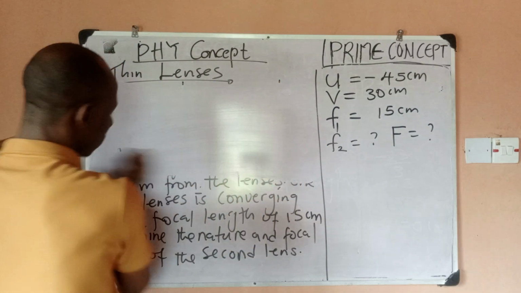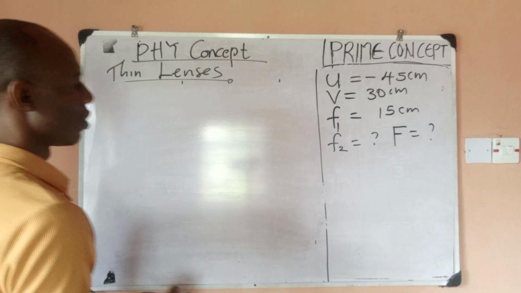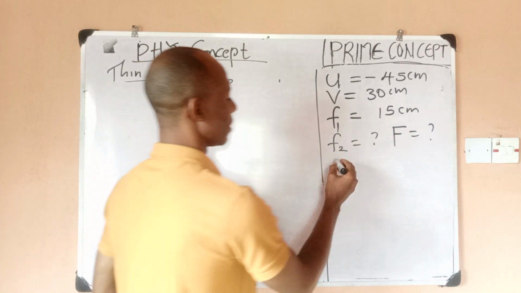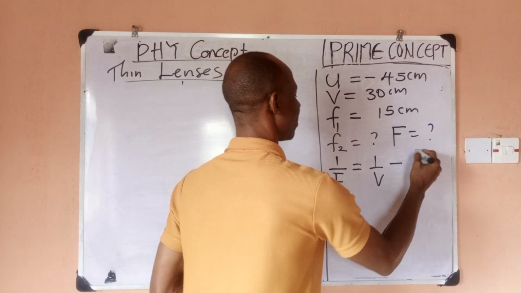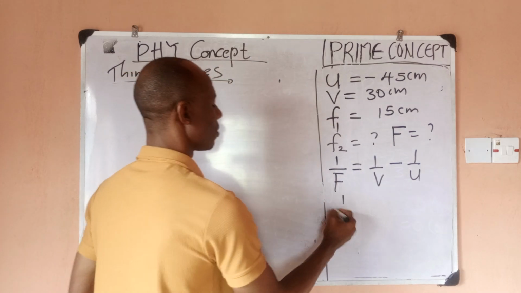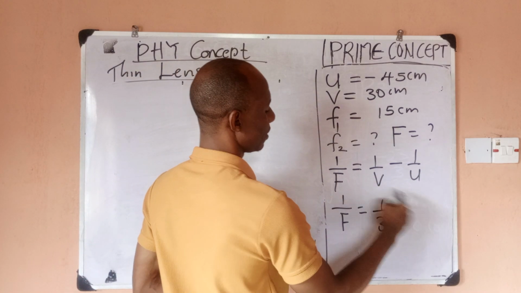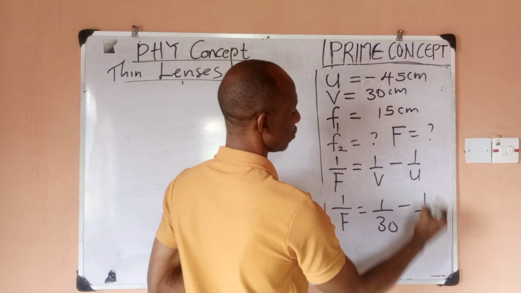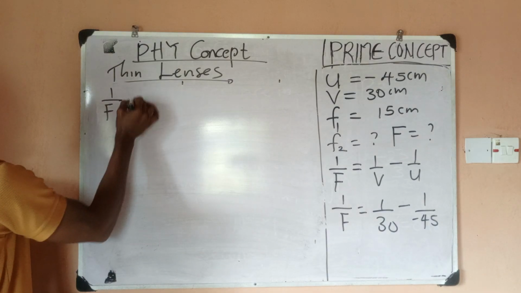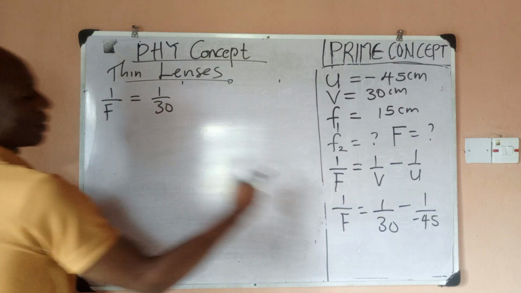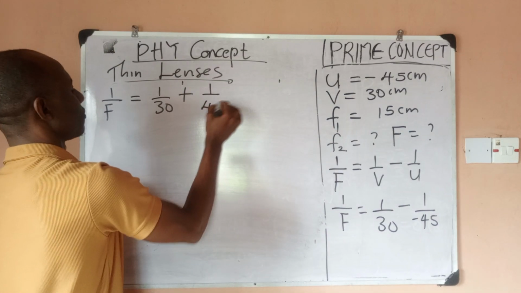Solving this using our normal lens formula, 1 by f is equal to 1 by v minus 1 by u. So 1 by f is 1 by 30, which is v, minus 1 by u, and u is minus 45. Minus times minus becomes plus, so 1 by f equals 1 by 30 plus 1 by 45.